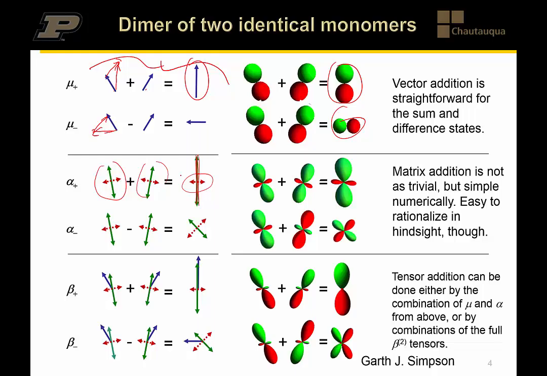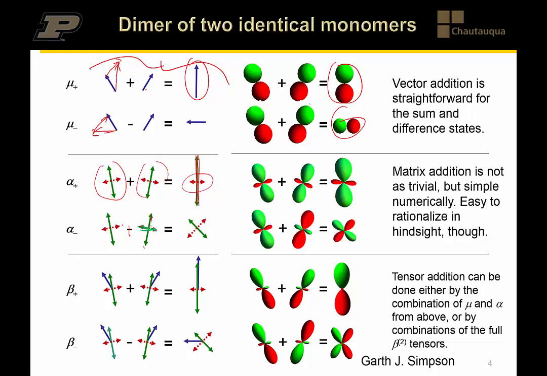For the difference state, it's a little interesting. What I'm really doing is adding this and making this one negative in sign, and making the other one positive in sign, and then adding these together. So if this green arrow is now red and this green arrow stays green, then they will largely cancel.